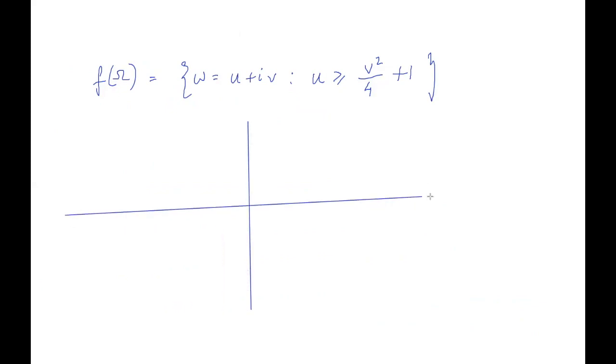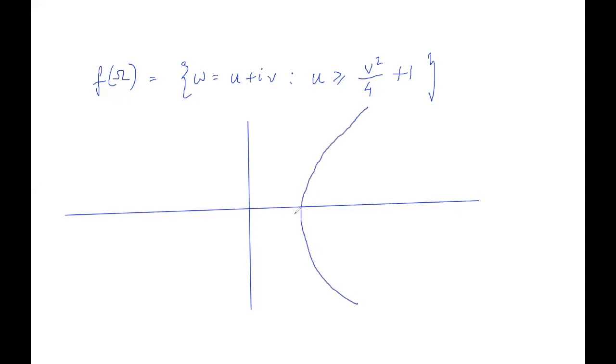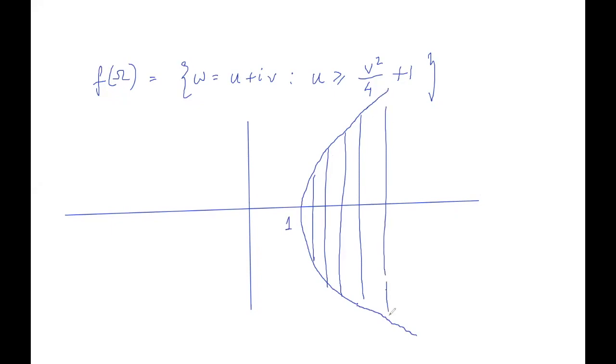As I have shown you earlier also in this video, it will be that parabola cutting the x-axis at 1, and every complex number here. So this parabola is going and every complex number that you can have here, this whole region.